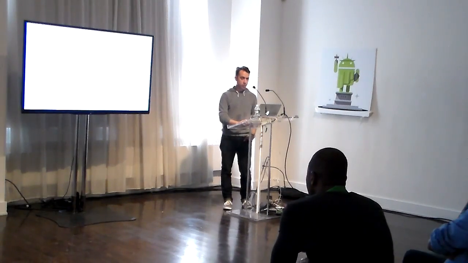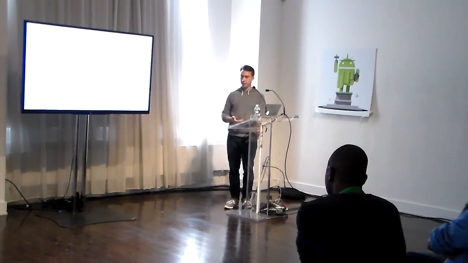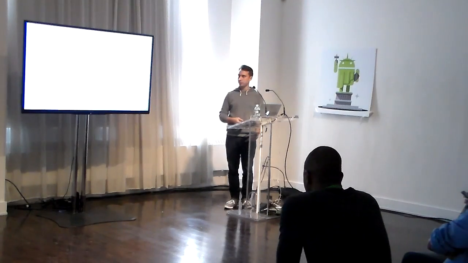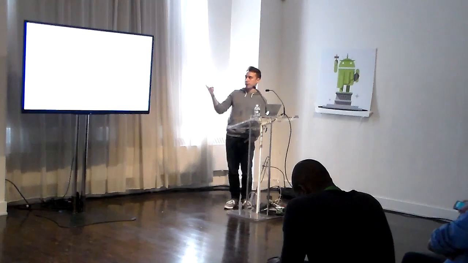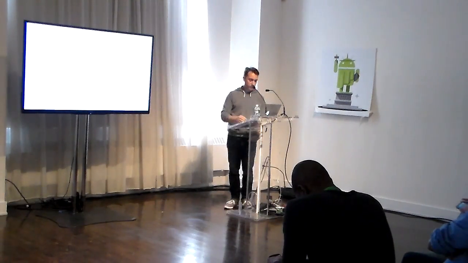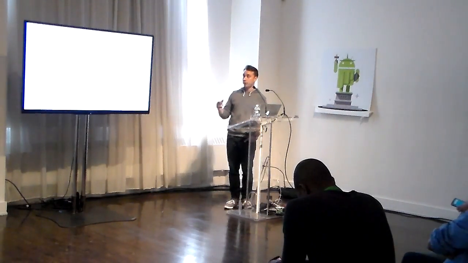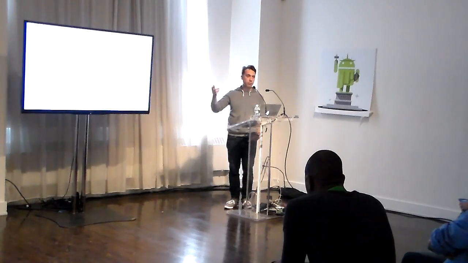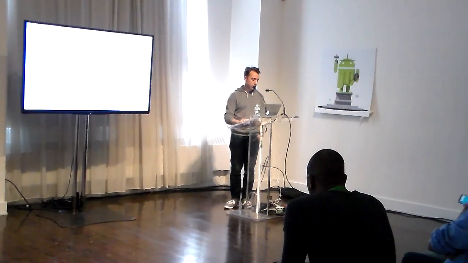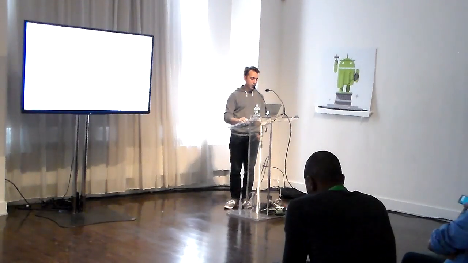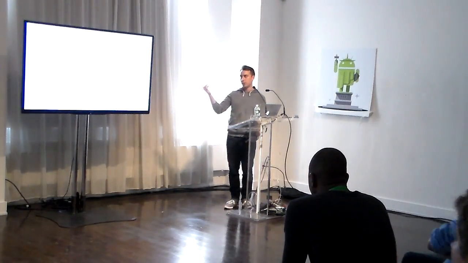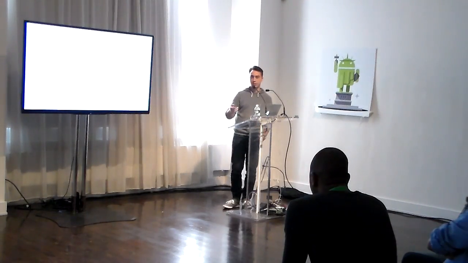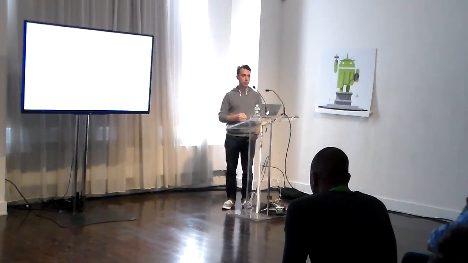So for external storage, you have to define some permissions, or request some permissions. For writing to external storage, this is the permission you'll need. And then for reading external storage, if you use this, then reading is implicit. This doesn't really apply right now, but in future versions of Android, there will be a separate read external storage permission, so you can separate them both.